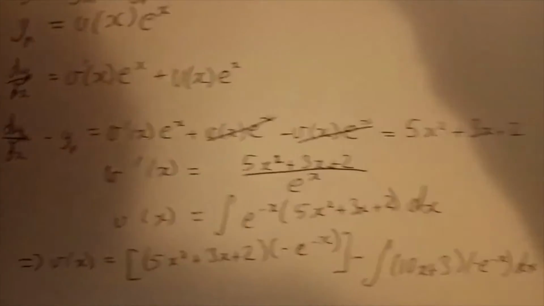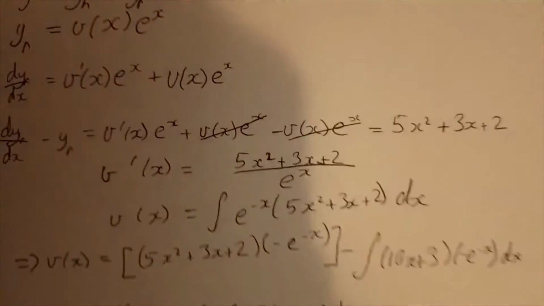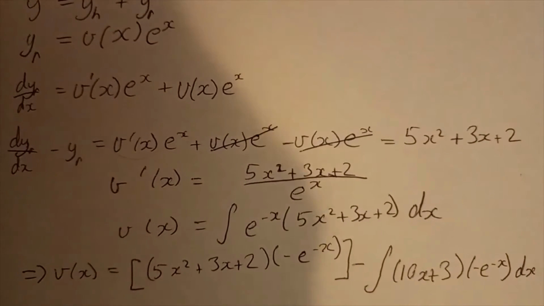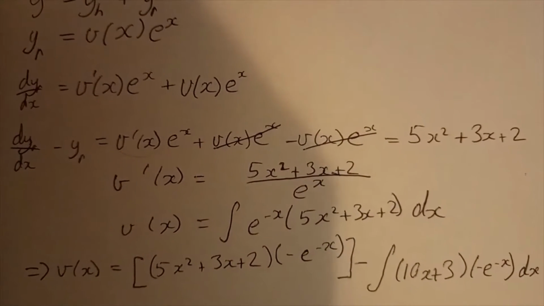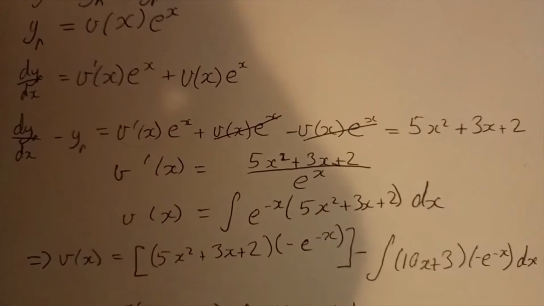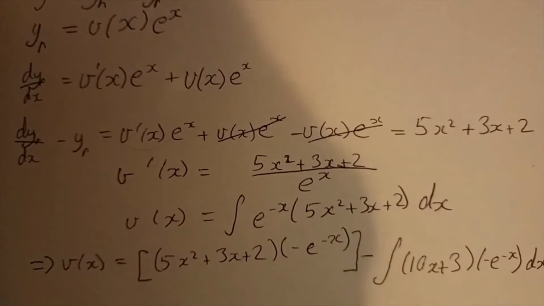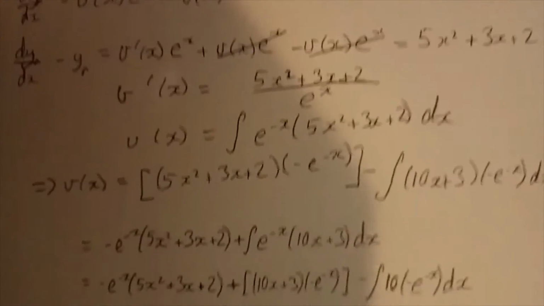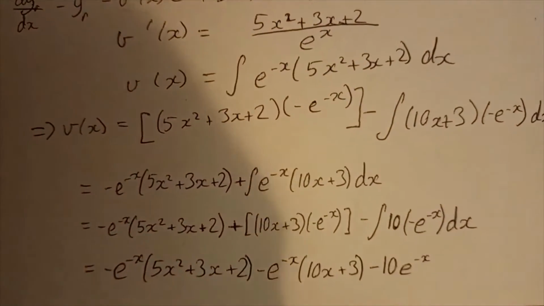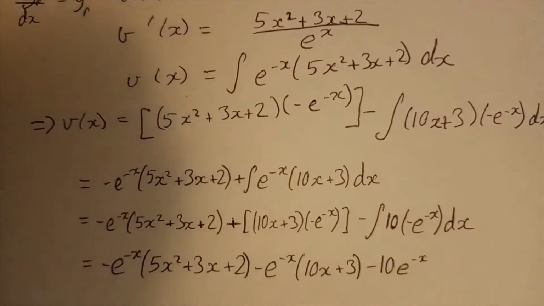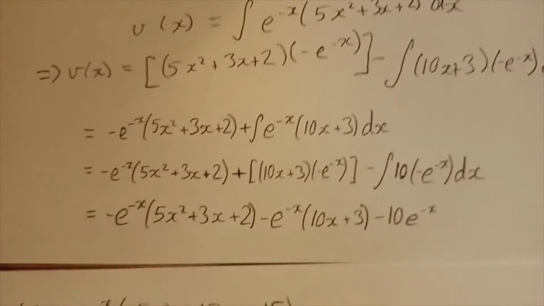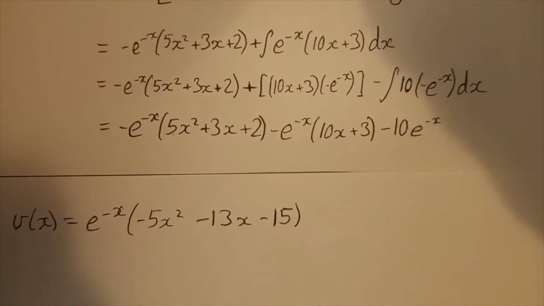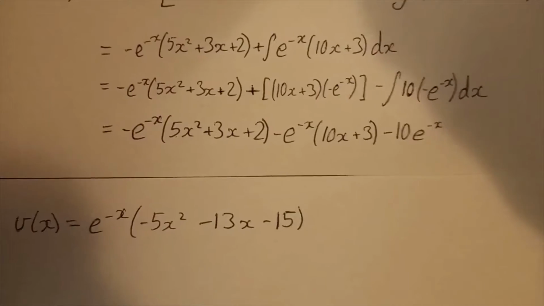So v of x equals this expression here times negative e to the negative x, minus another integral, and so forth. We take integration by parts a second time as well, and we end up with v of x equals e to the negative x times negative 5x squared minus 13x minus 15.